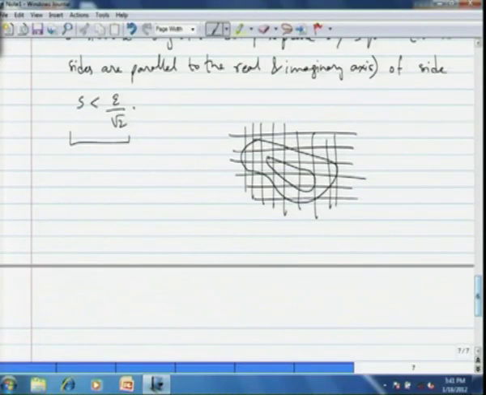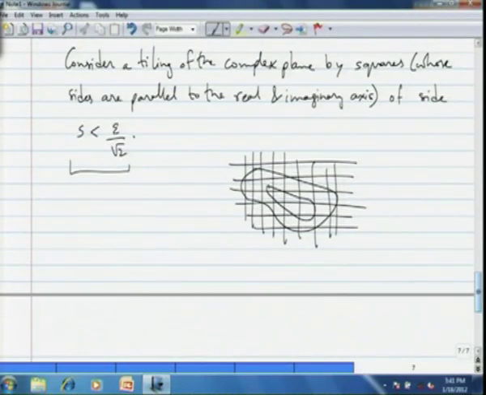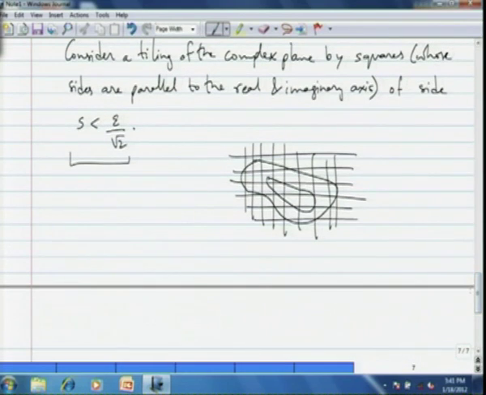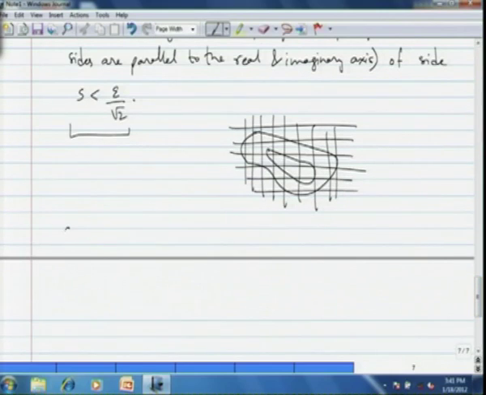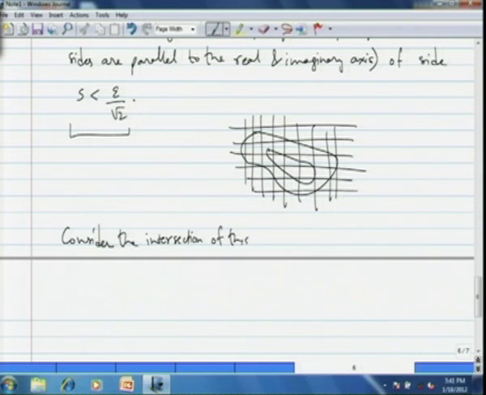So, you consider such a tiling, and consider its intersection with A. We are going to use the structure of this tiling to prove the theorem.